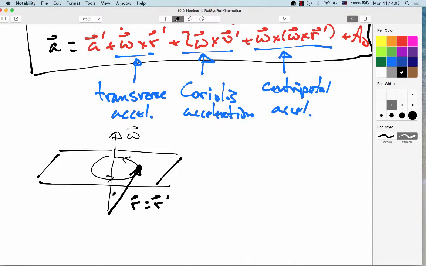That's good. And that's phi. And then once again, this distance here, this radius is rho, equals r sine phi.